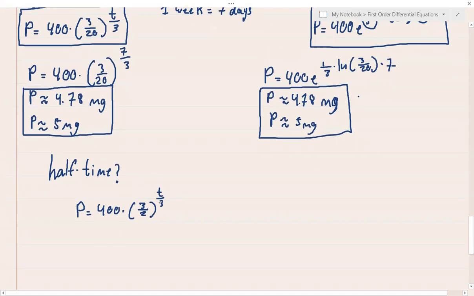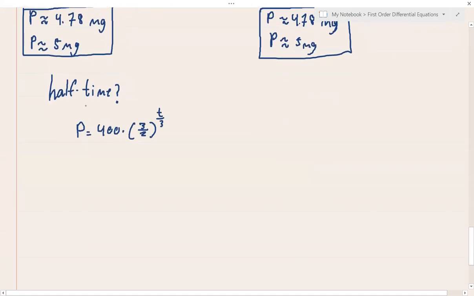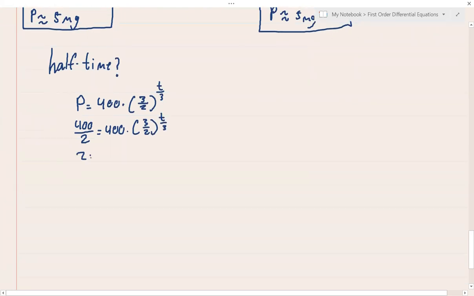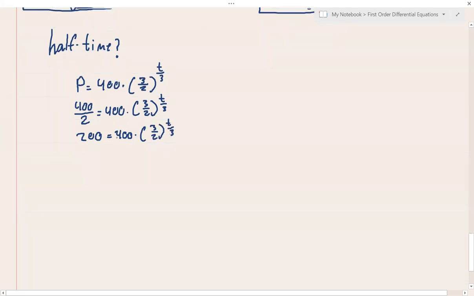Yan. That's it. So again, pag half time, ibig sabihin nun, kung yung present amount mo ay kalahati ng initial amount mo. So meaning, 400 all over 2 is equal to 400 times 3 all over 2 raised to t all over 3. So magiging 200. So 200 is equal to 400 times 3 halves raised to t all over 3.